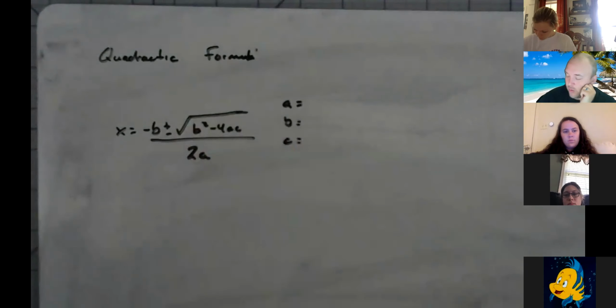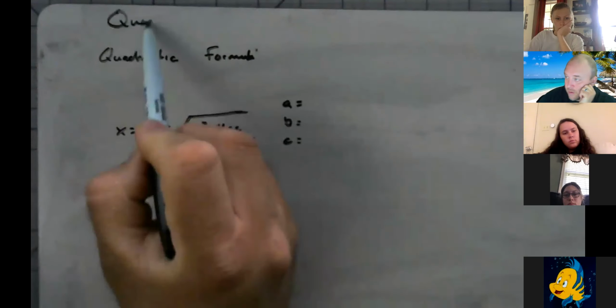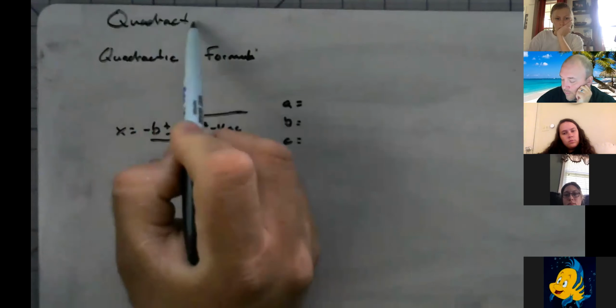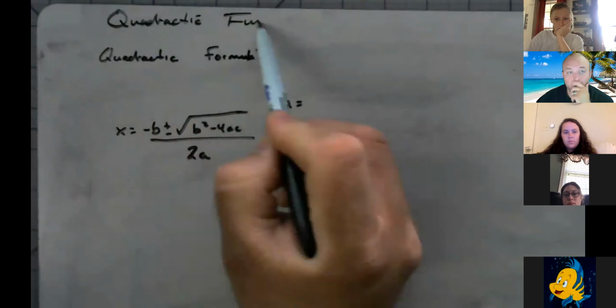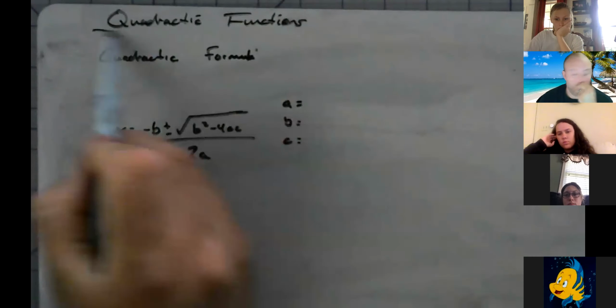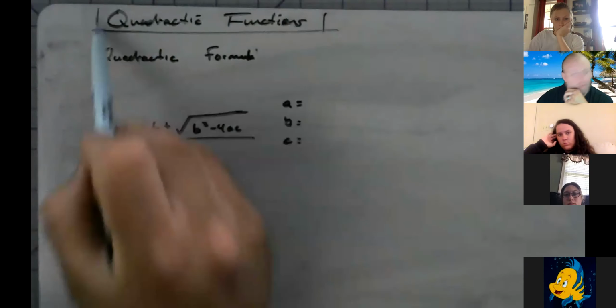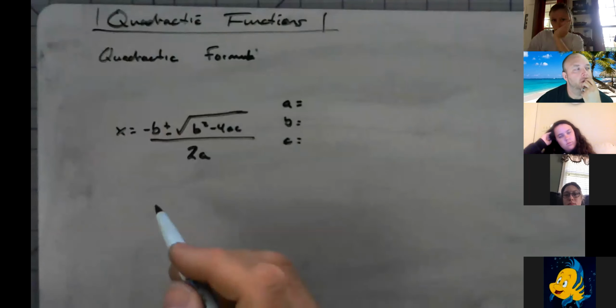What else do we know about quadratic equations and quadratic functions? What are some of the things that we know? The slope is squared. Or one of the numbers is squared.